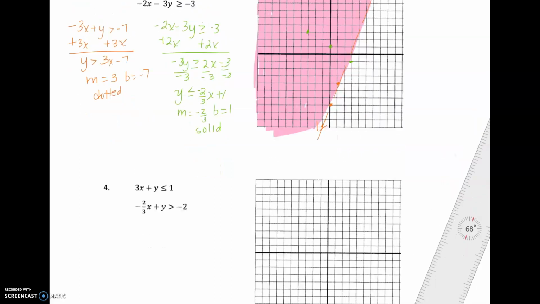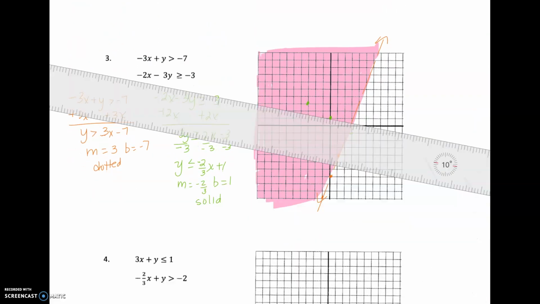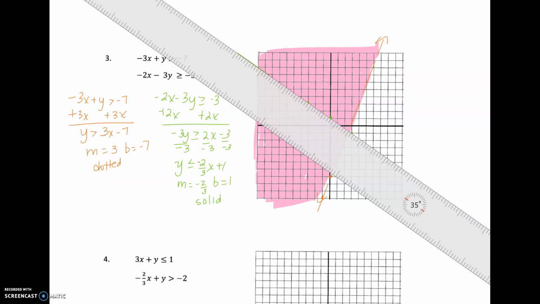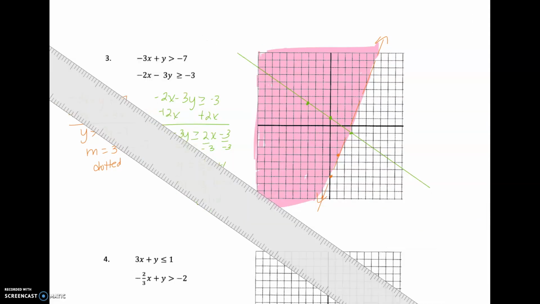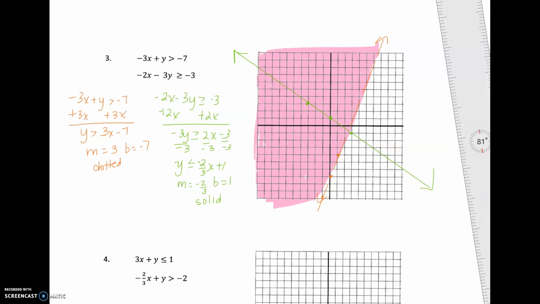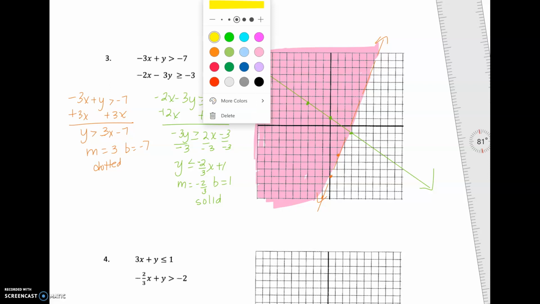And this is a solid line. I make my solid line, and then I look at where I'm shading. Where do I shade? It says everything that's a less than. So any point on here, as I move on my y, I know that below it, it's less than.